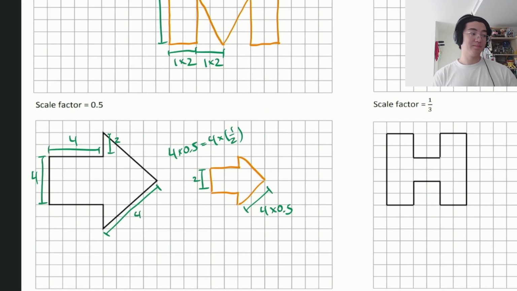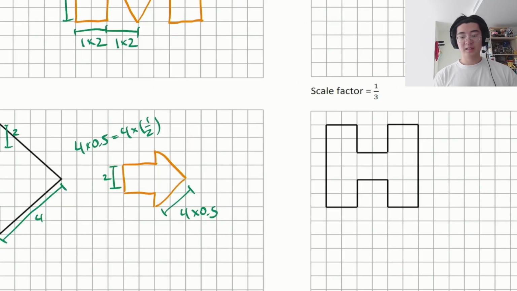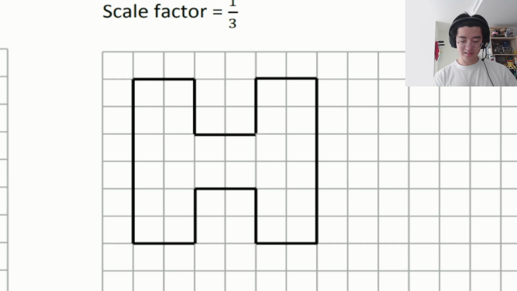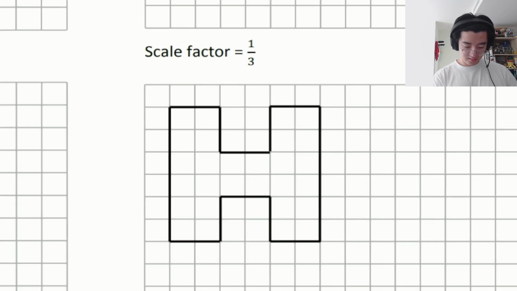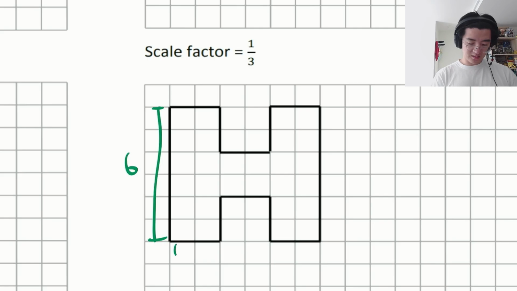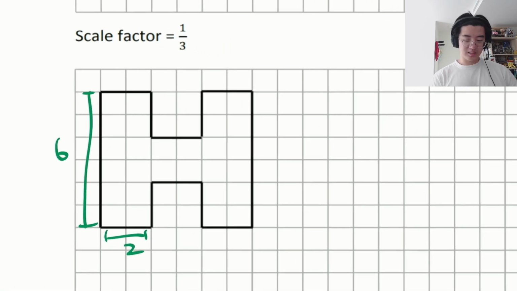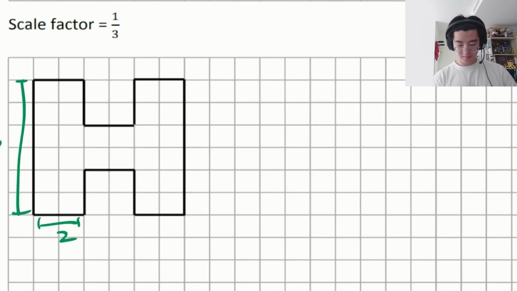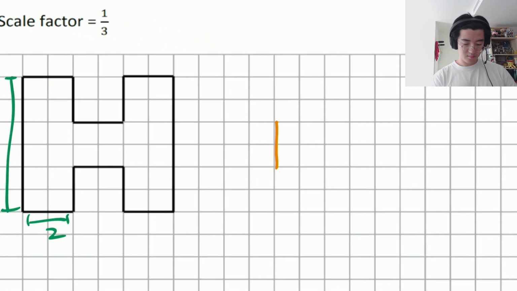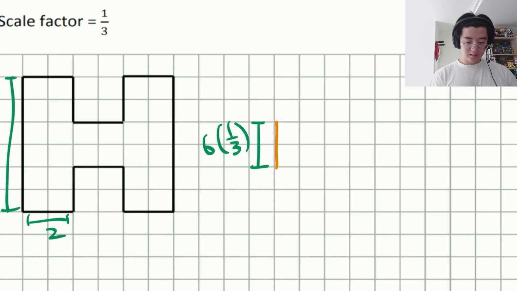Just like that. Of course, we can do it by a third as well. 6 tall, 2 wide. 6 times 1 over 3 is just 2. 2 times 1 over 3 is 2 over 3, so it's only a little bit like this.